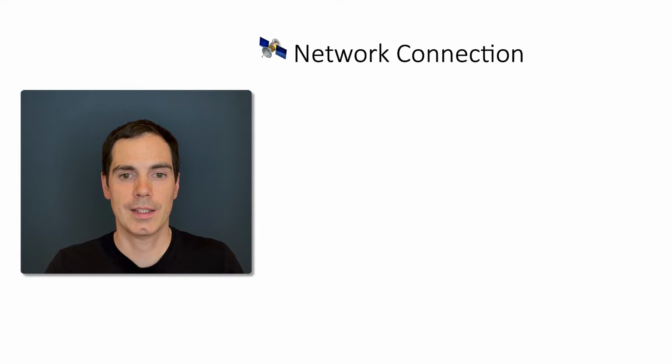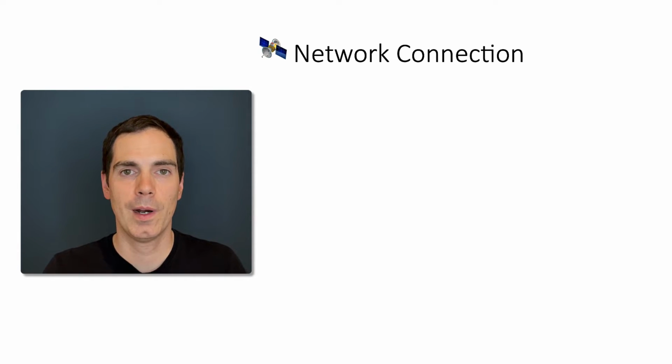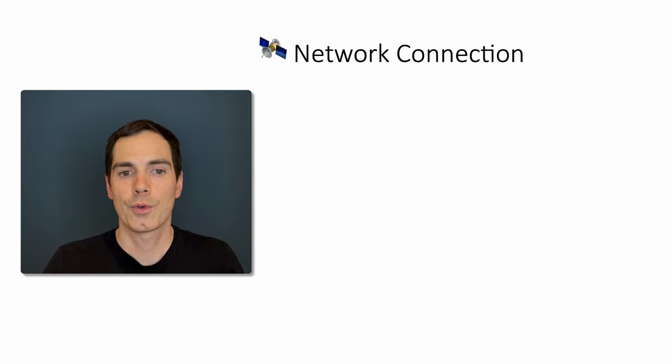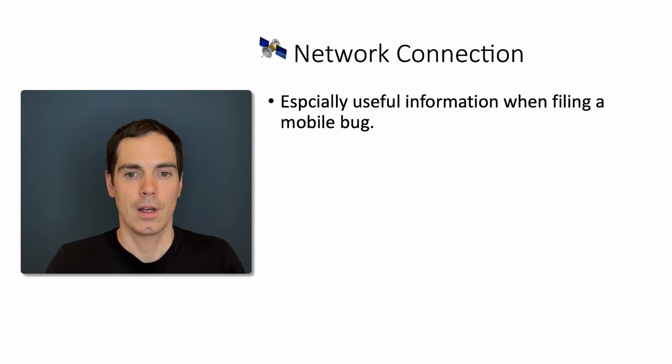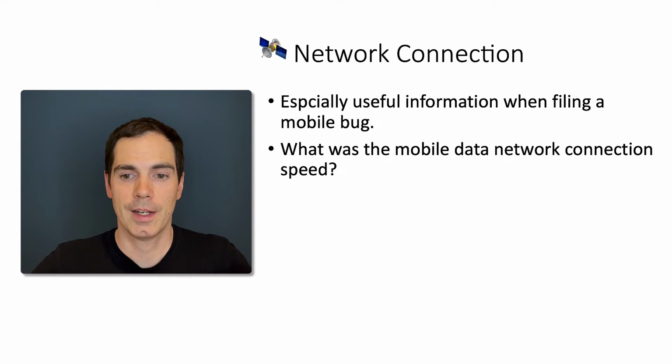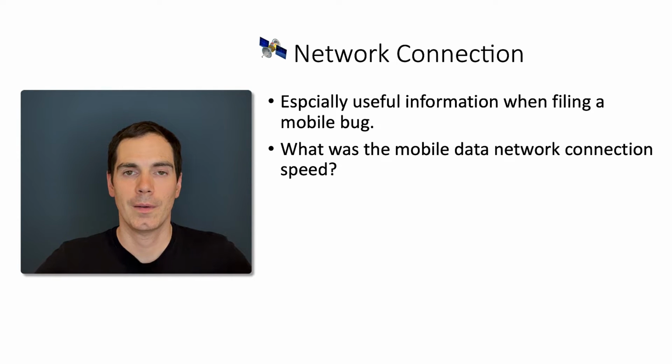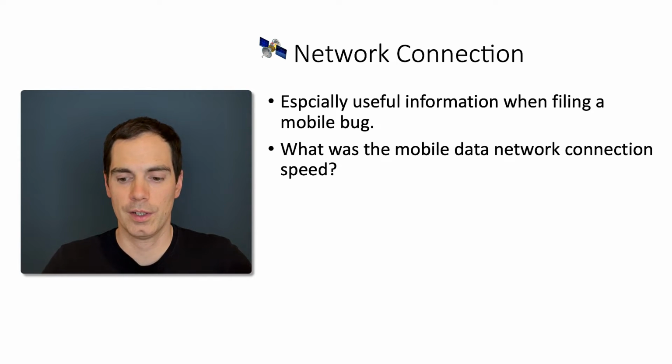Network connection. Again, this is something rather for mobile applications, but also if you use your web application in a mobile browser, it's something that you can add to a bug report. As I said, it's especially useful information when filing a bug report. What was the mobile data network speed or connection speed while using the phone and while you saw the issue?